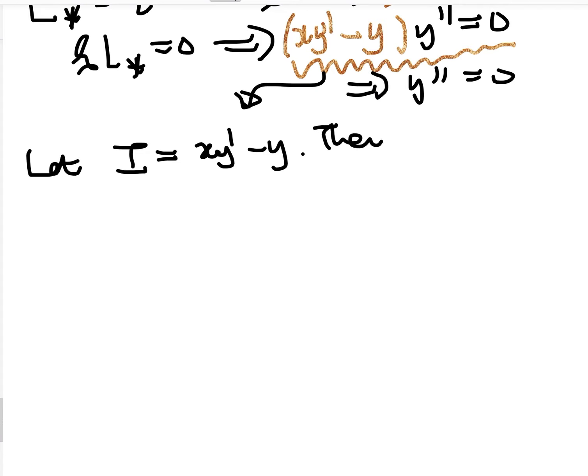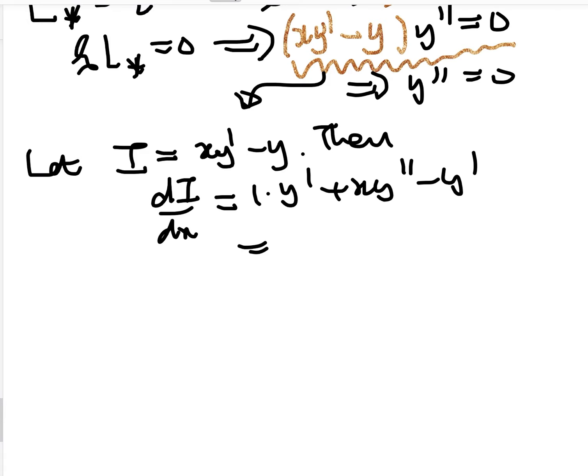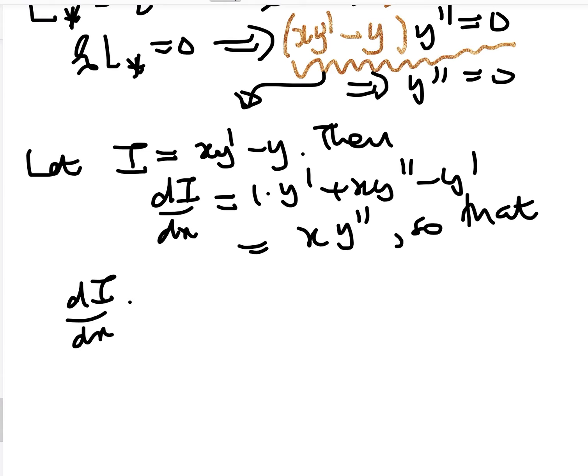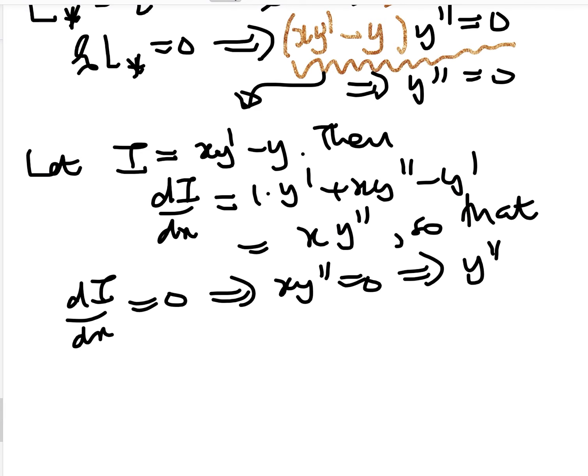Then, if you took dI dx, and we showed this earlier, a total derivative on I, we get 1 times y dashed plus x y double dashed minus y dashed, in which case we get x y double dashed. So that dI dx equal to 0, and we showed all this before, implies x y double dashed equal to 0, and that implies that y double dashed equal to 0.